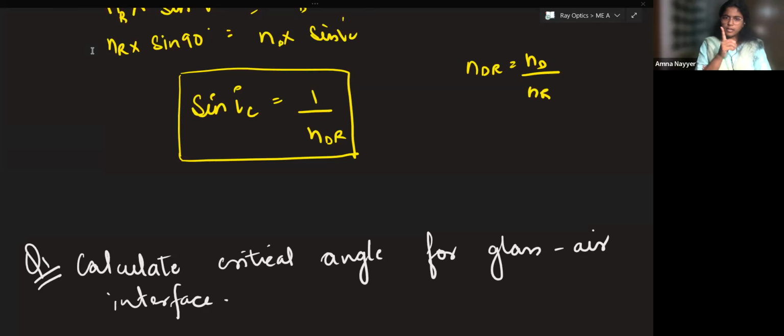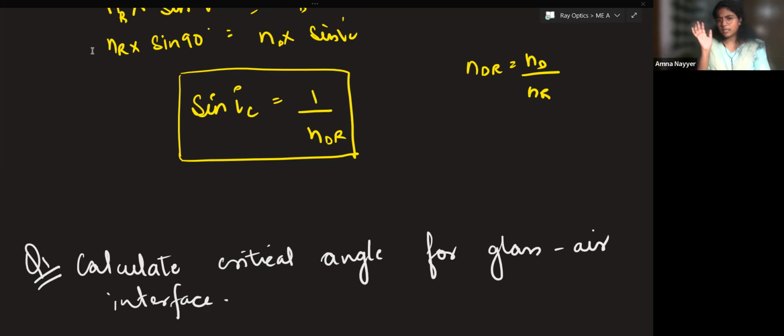For air it is 1, for glass it is 1.5, and for water it is 1.33, but 1.3 will be sufficient. These three can be omitted in the question in your exam paper.